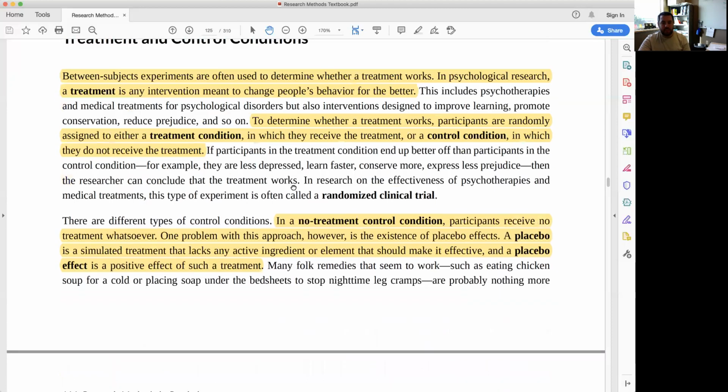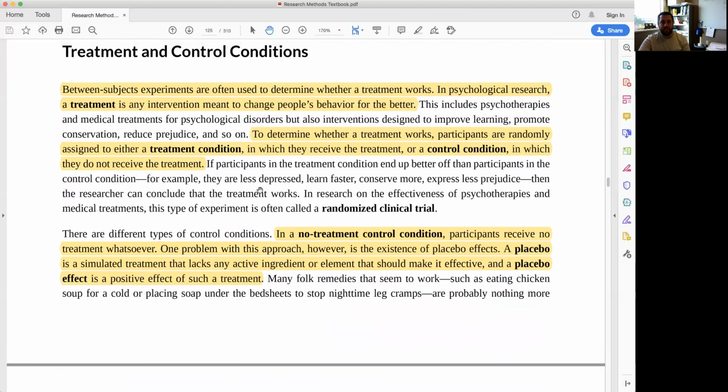And then this is really just kind of vocab heavy stuff. So a treatment, many people hear treatment and they immediately think of the medical type treatments. And it certainly can be, right? The medical community does research in a very similar way, but it doesn't always have to be for medical stuff. It can be interventions as well.